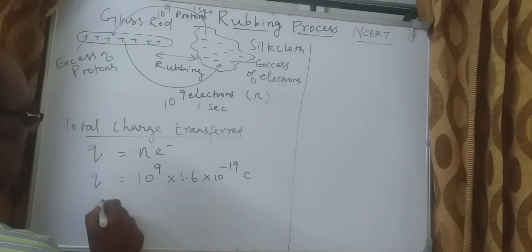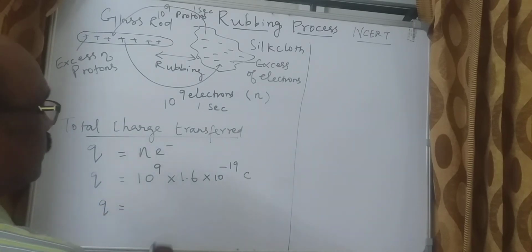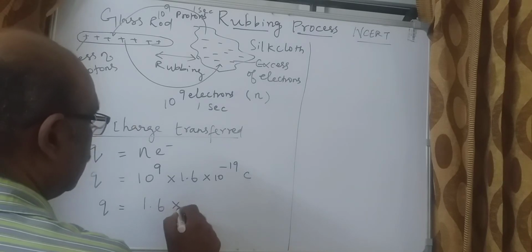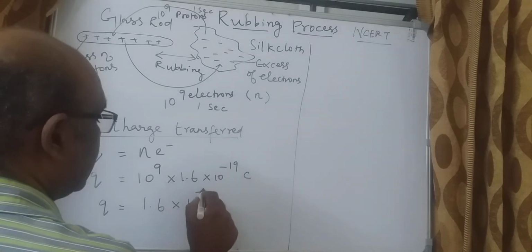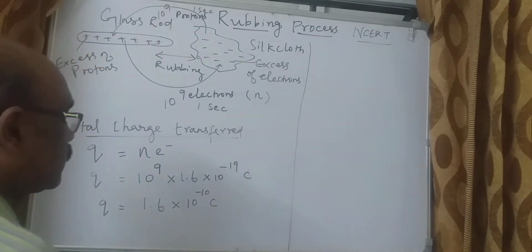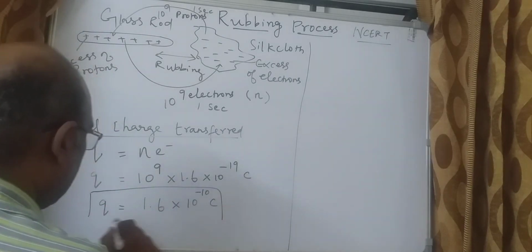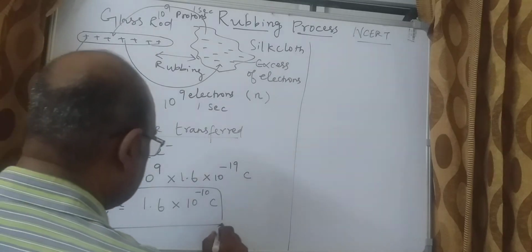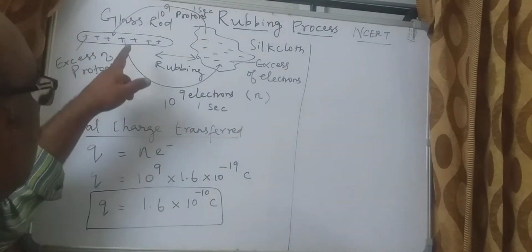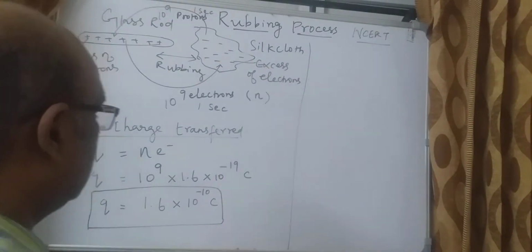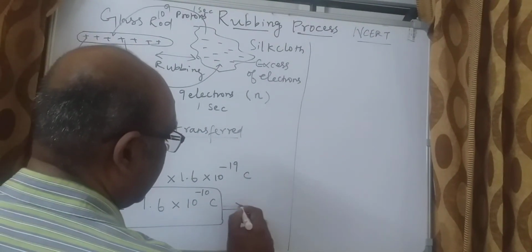That means here Q is equal to 1.6 into 10 to the power of minus 10 coulomb. So this is the total charge that is transferred from the glass rod to the silk cloth in 1 second.